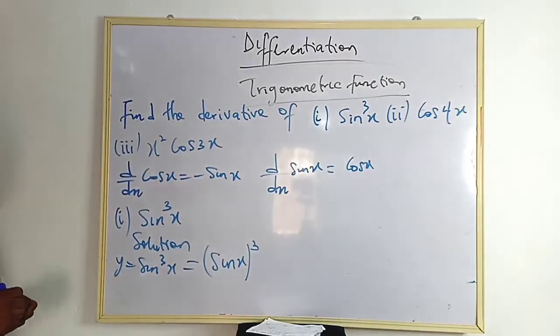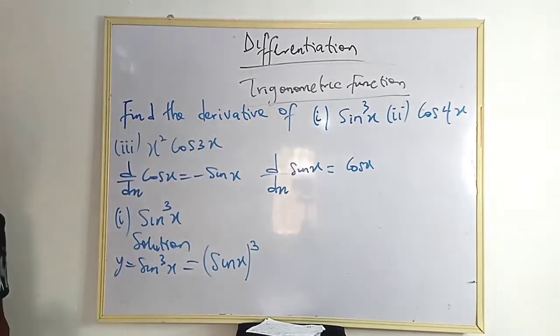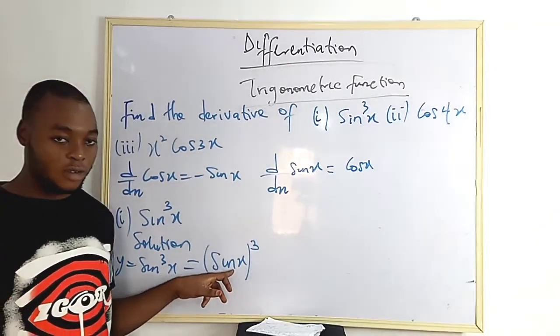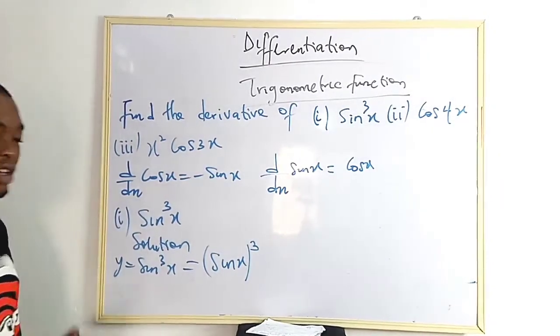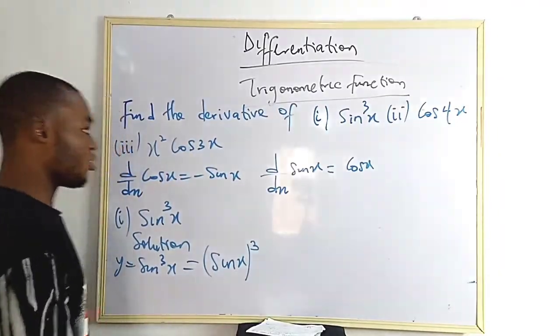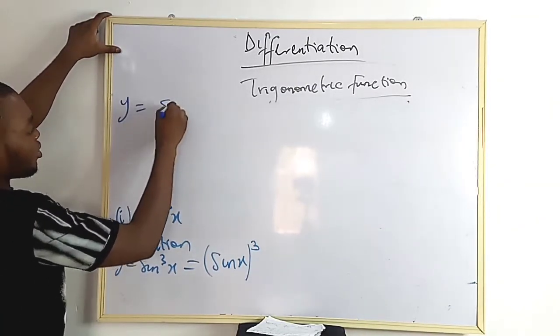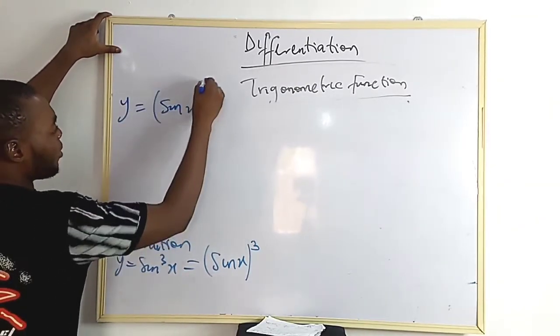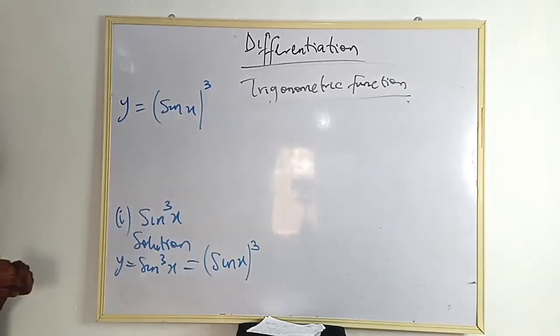In this case, this has become a function of a function. To solve this, you have to use the chain rule. So y equals sine x, everything raised to power 3.